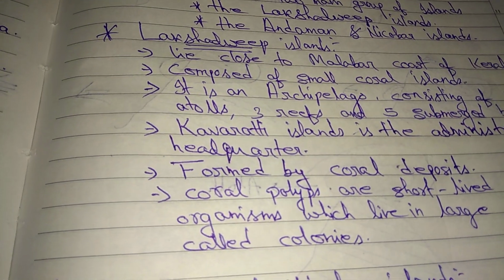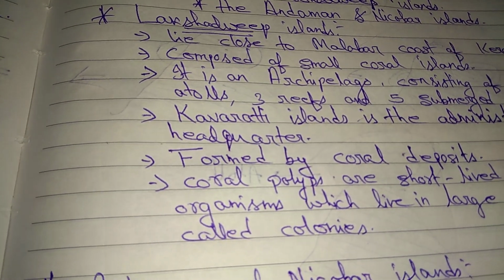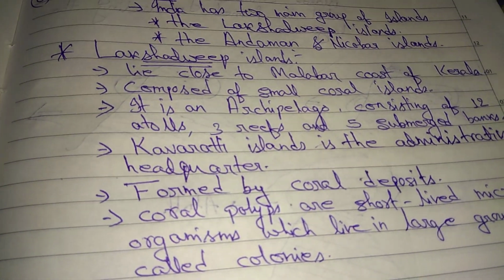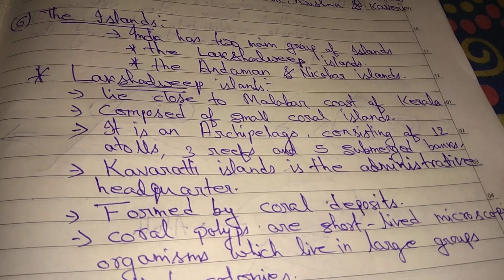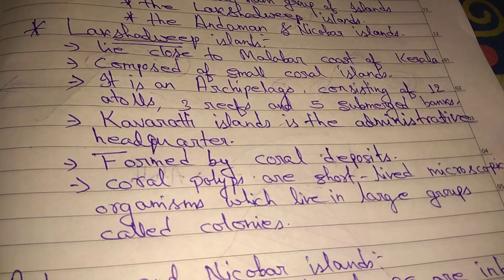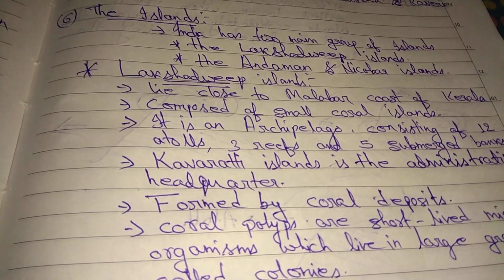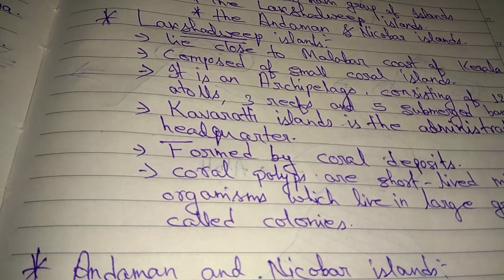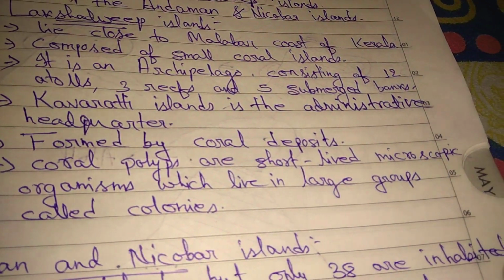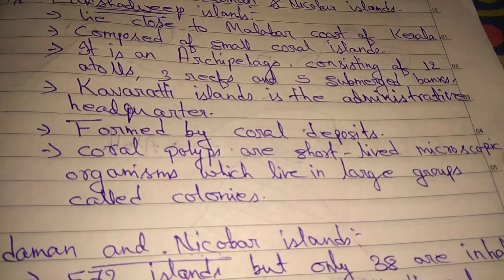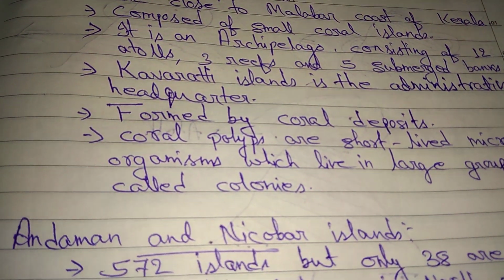Lakshadweep Islands were formed by coral deposits. As I told you a little earlier, Lakshadweep is completely formed by coral polyps or coral deposits. Actually, corals are short-lived microscopic organisms which live in large groups called colonies.